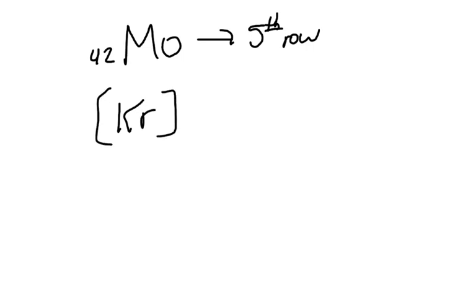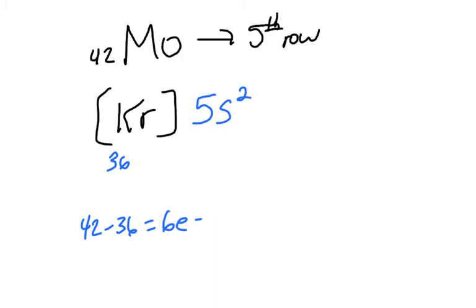I know krypton has 36 electrons, so 42 minus 36. I only need 6 more electrons. So I'm going to start out with 5s2. I only need 4 more electrons. So at this point, I just put 4d4. And that's it.